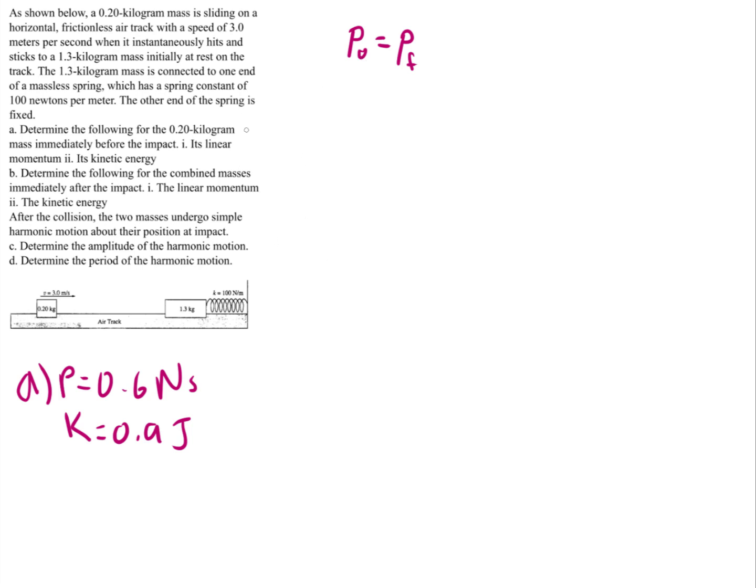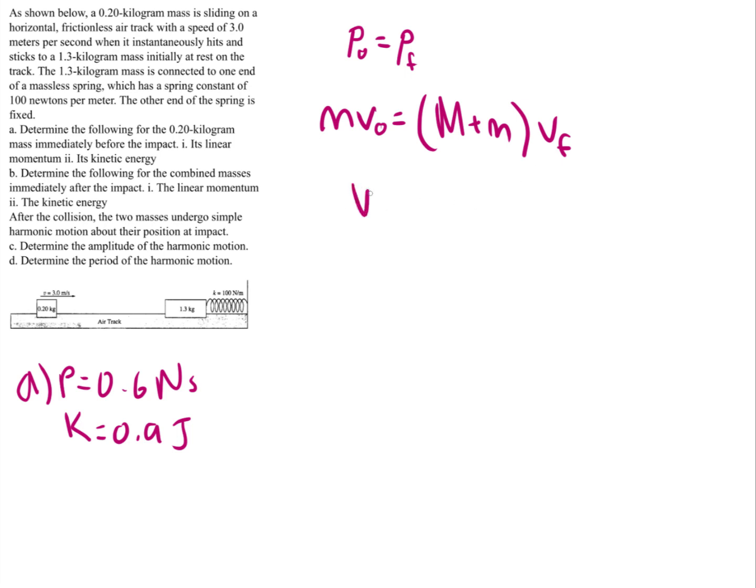So we can use this to help us out. The small mass, the one that's initially moving, I'm going to call little m, times the initial velocity, is equal to the combined masses, big M plus little m, because it sticks to the 1.3 kilogram mass, times the final velocity.